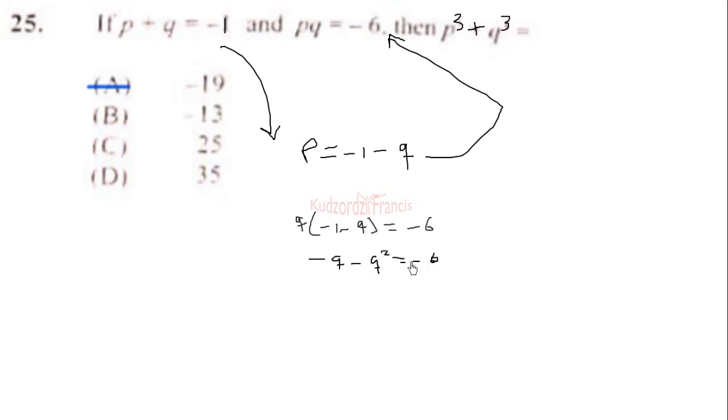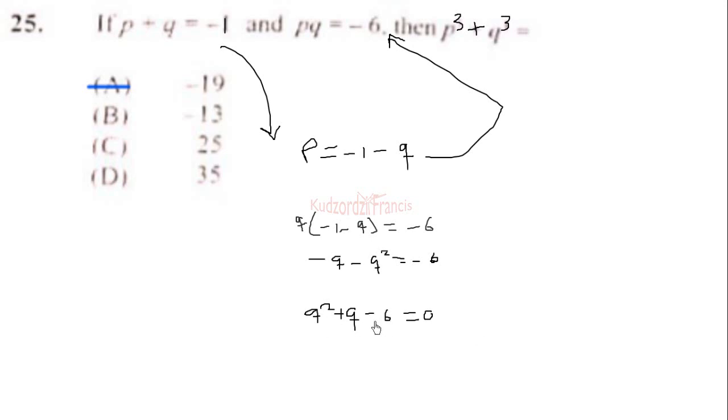So let's bring all this here, we get Q squared plus Q minus 6 is equal to 0.